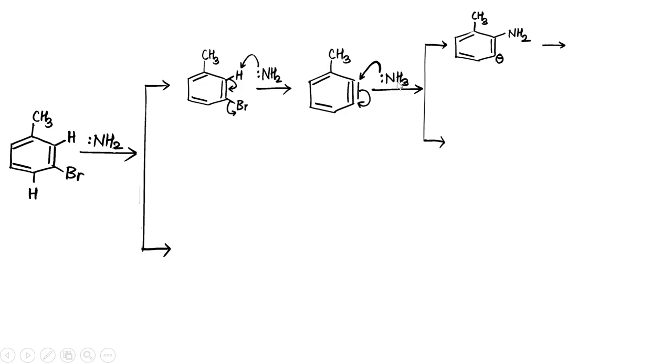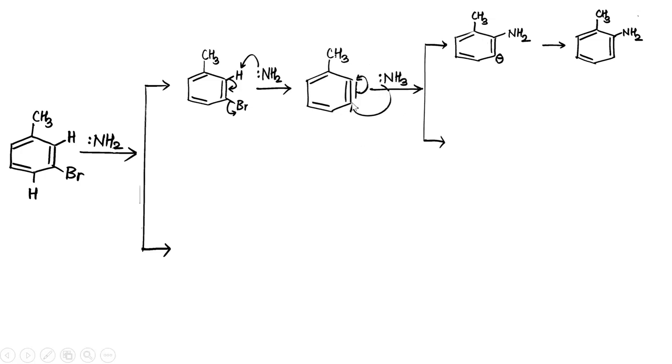NH2 and hydrogen is here. This minus charge will abstract one hydrogen from this NH3 and you will get substitution of hydrogen here, and simply a toluidine molecule, right?